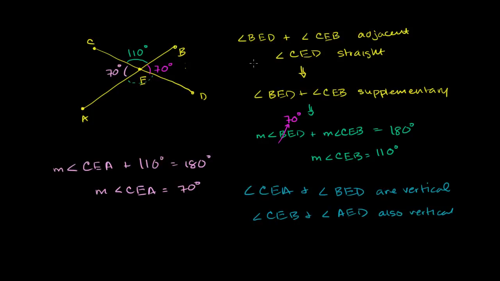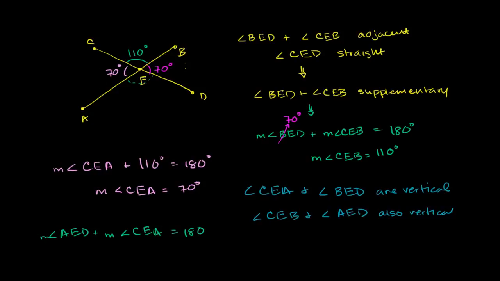So what we're going to do is use the exact same logic. CEA and AED are clearly supplementary. Their outsides form a straight angle. So CEA and AED must add up to 180 degrees. Or we could say the measure of angle AED plus the measure of angle CEA must be equal to 180 degrees.